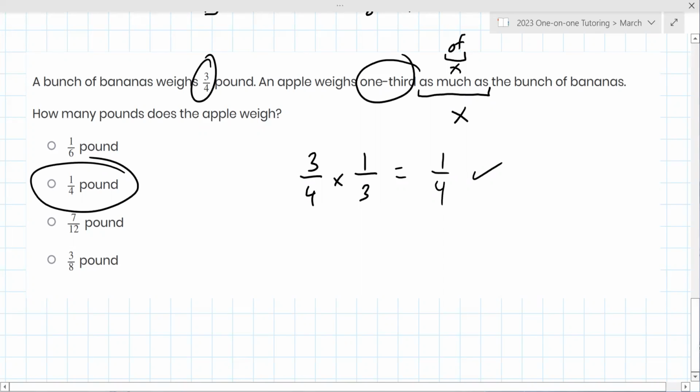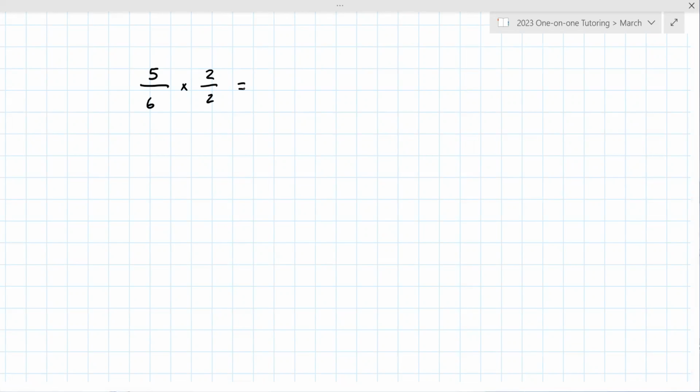Okay, I'm going to look at a new problem with you. Let's look at 5/6. This is a fraction, 5/6, okay? And let's say we multiply the fraction by 2 divided by 2. Can you tell me what that becomes? Okay, let me just write this down really quick.